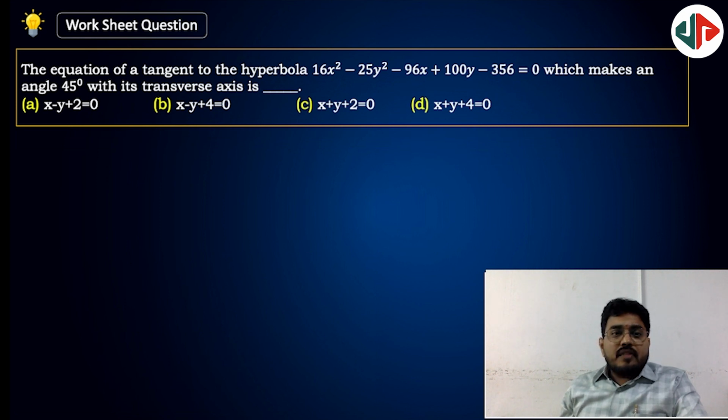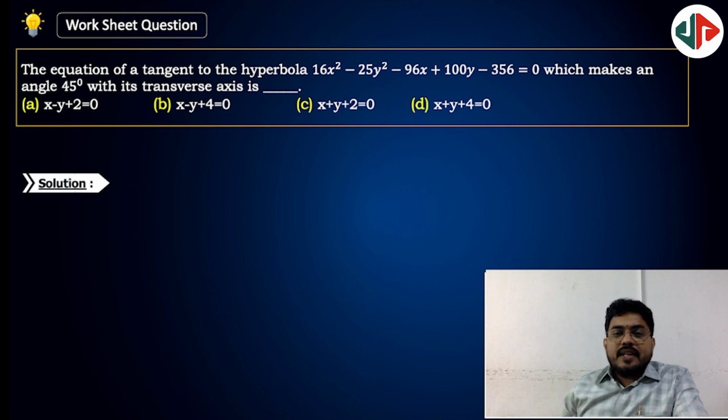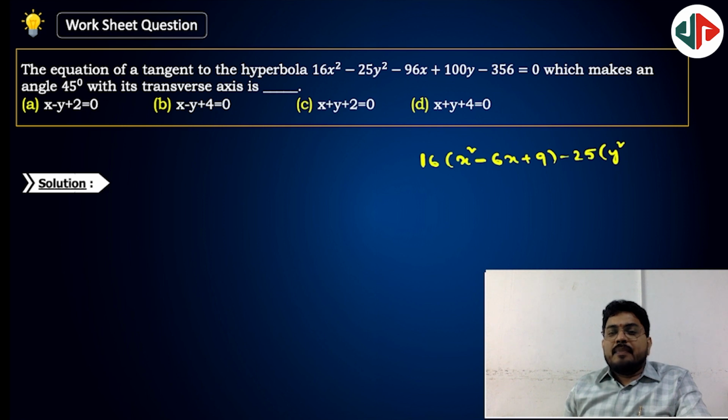The equation of the tangent to the hyperbola which makes an angle 45 degrees with the transverse axis is? So first of all, you look at this equation. 16 into x square minus 6x plus 9, minus 25 into y square minus 4y plus 4, is equal to 356 plus 16 nines are 144 minus 100, is equal to 400.